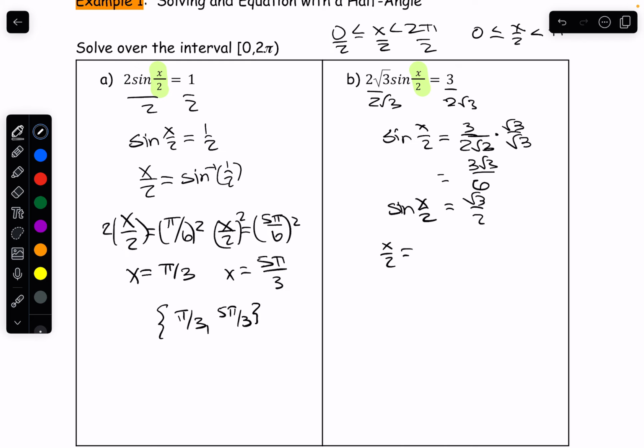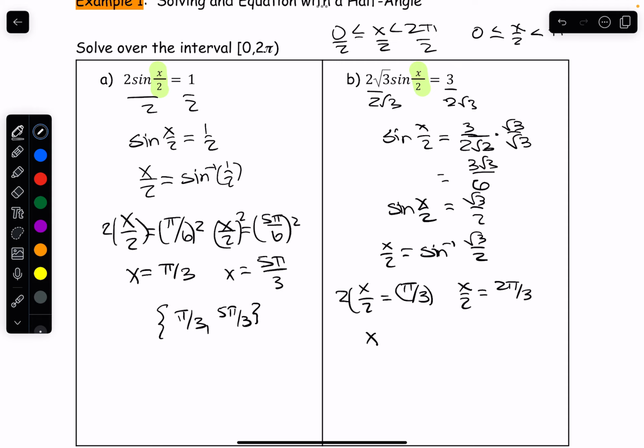And then we'll go ahead and do the inverse sine. Remember, the inverse sine simply means you know what the ratio is and you're looking for the angle that gives you that ratio. So again, we go back to our unit circle. And notice that the inverse sine of square root of 3 over 2 is at pi over 3, and it's also at 2 pi over 3.